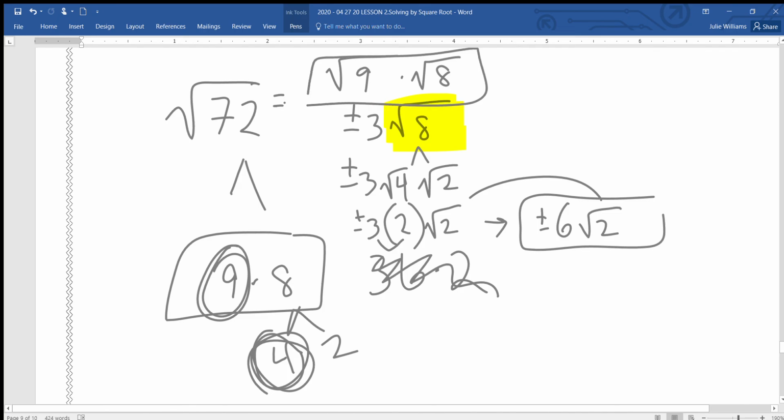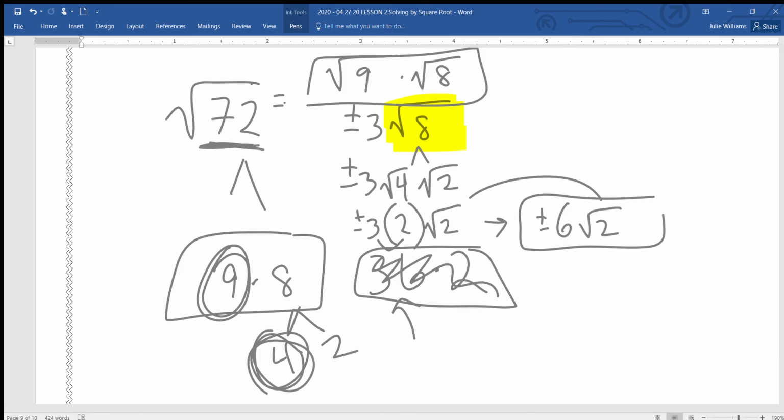However, if you are able to think about and find the greatest common perfect square factor of this number in the radical symbol, it's going to save you a step. So if you had thought initially of 36 times 2, so let me use a different color of ink for that.